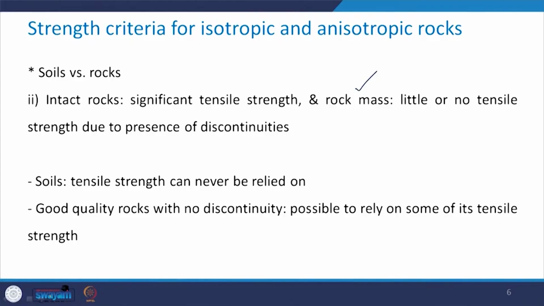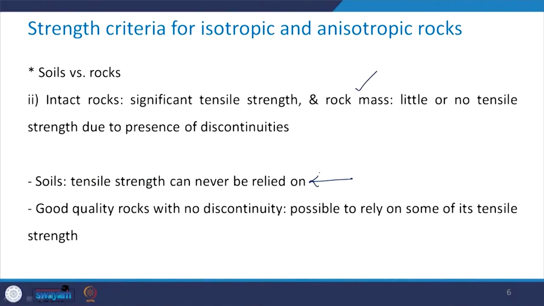The second aspect where I can compare soil versus rock is that in case of intact rock, we get significant tensile strength, and in case of rock mass, little or no tensile strength is there because of the presence of discontinuities. But what happens in case of soils? Have you heard of the tensile strength of soil?